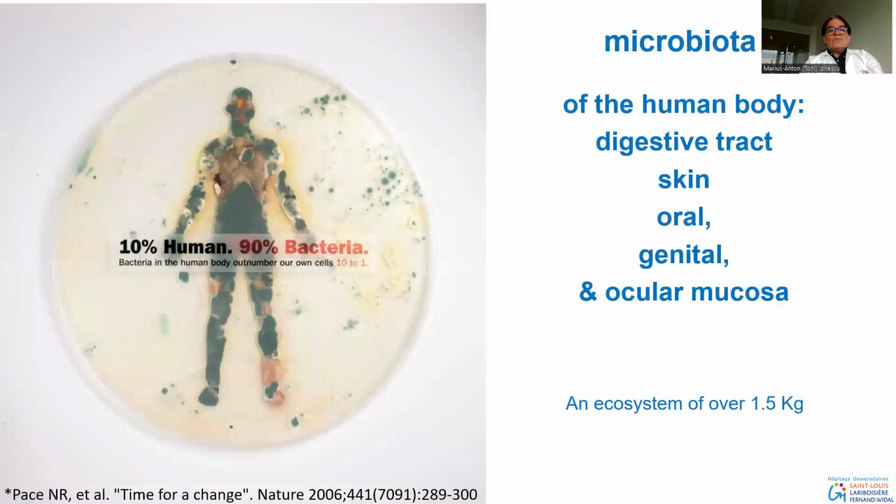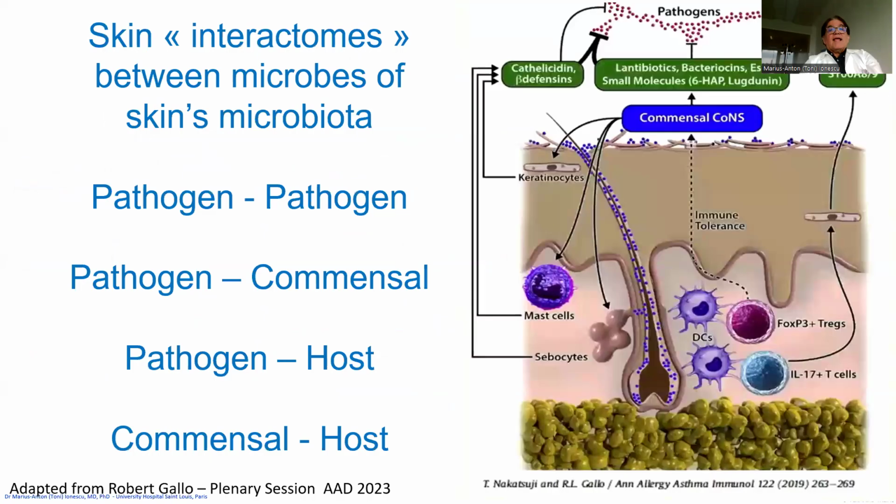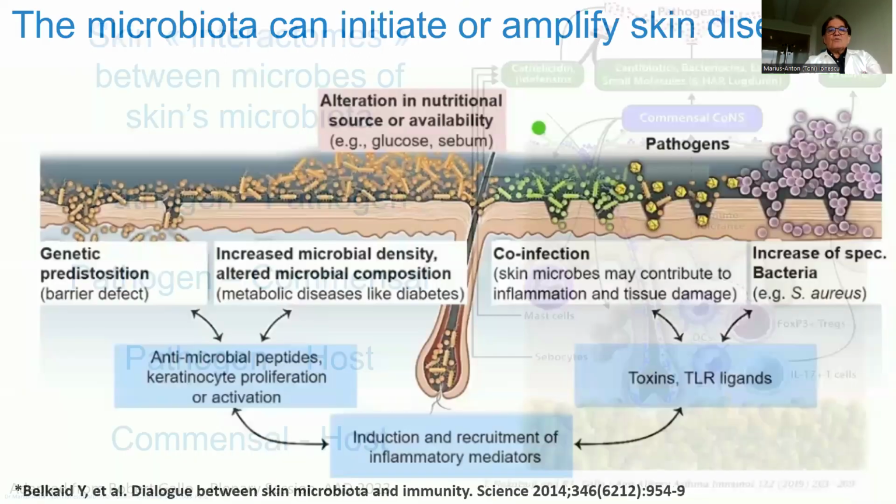We know that we are more bacteria than human in terms of numbers of bacteria compared to numbers of cells. And when we speak about microbiota, we speak about interactomes. And these interactomes can be between pathogen and pathogen, pathogen and commensal, pathogen and host, and commensal and host.